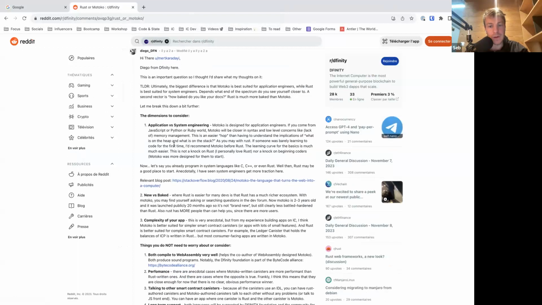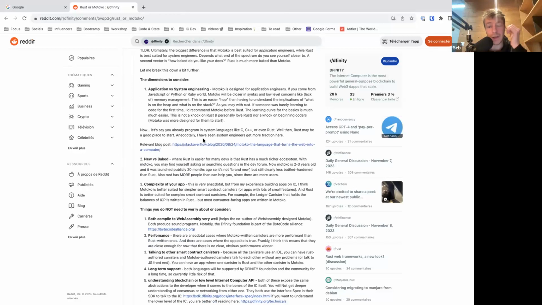Motoko is designed for application engineers. Usually, if you come from JavaScript or Python, you would be very familiar with Motoko. You don't have to manage the memory. Whereas Rust would be more for a system engineer, someone who is more on the low level and designing systems rather than applications, kind of like C or C++.